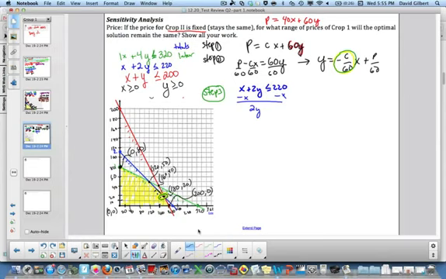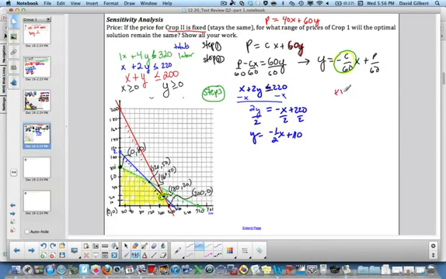You can just treat this like an equal sign when you're solving this part, because we're just looking right on the edge, right on the line. So we get 2y equals negative x plus 220, divided by 2, and we get y equals negative 1/2 x plus 110.